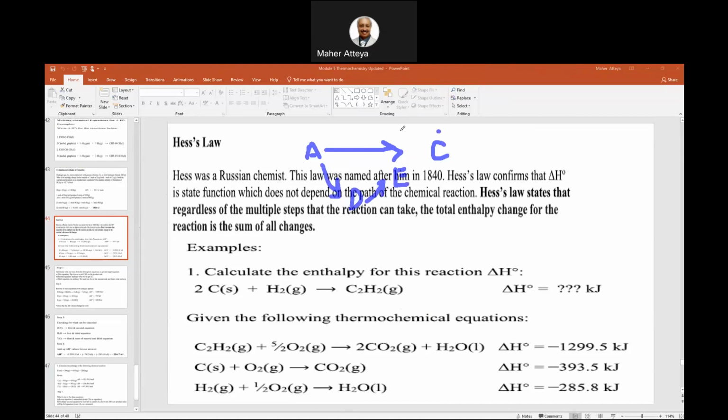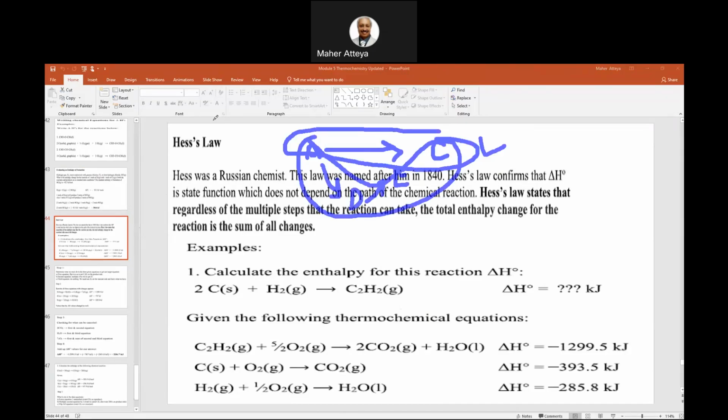If I go this way and measure the heat directly, or if I go this other way, the heat of formation does not depend on the path of the chemical reaction. So this is a state function.